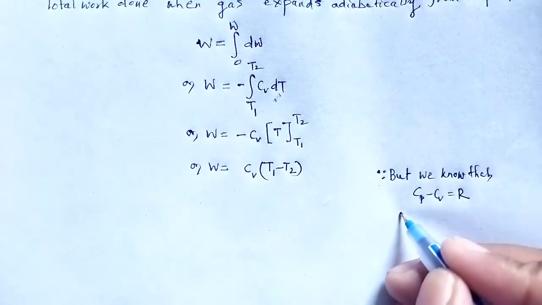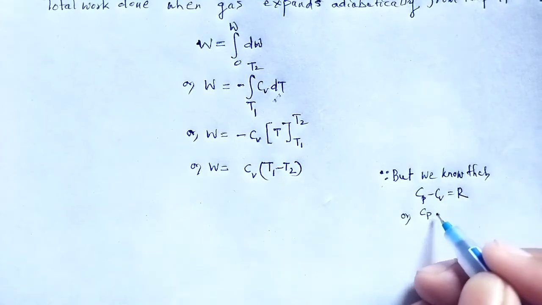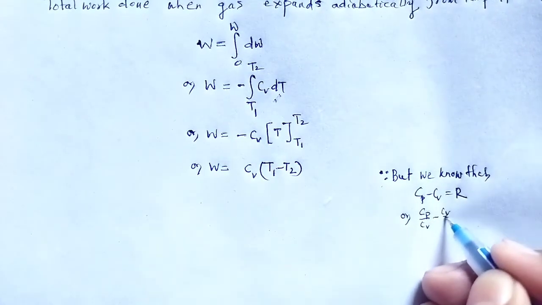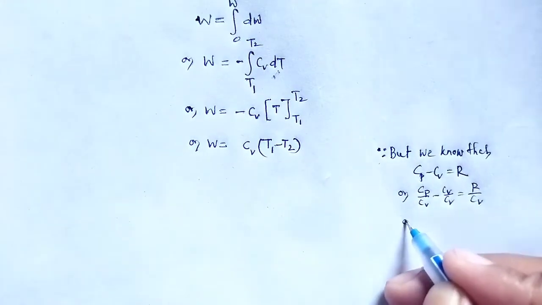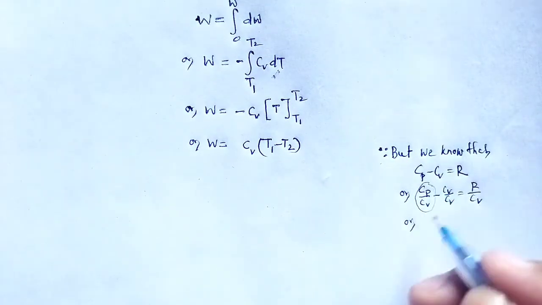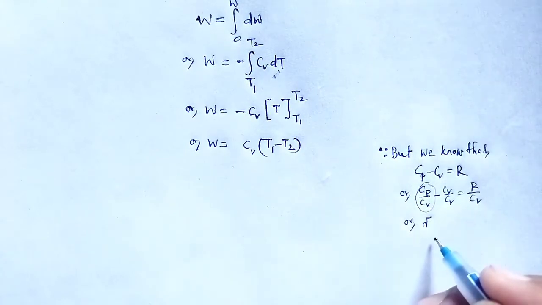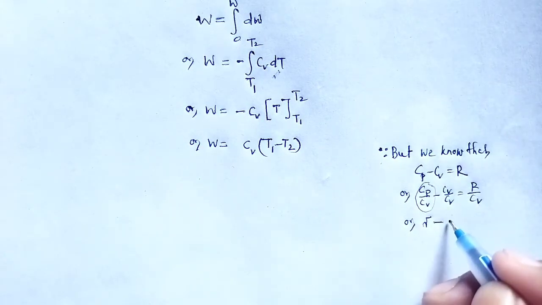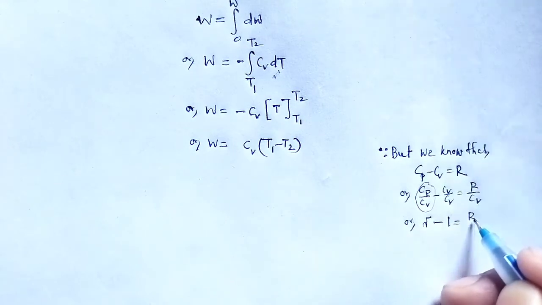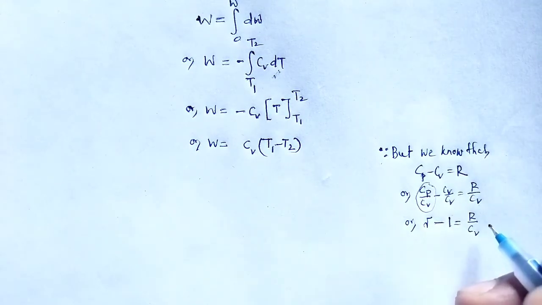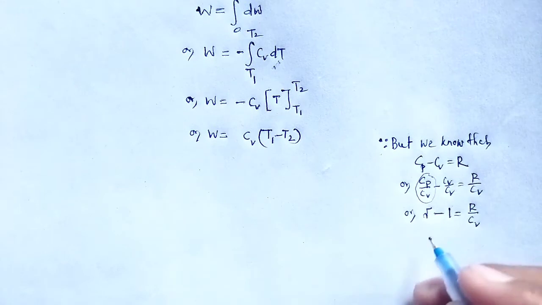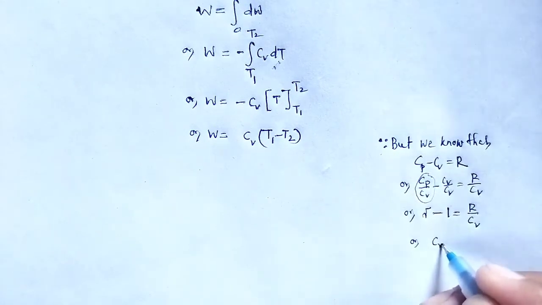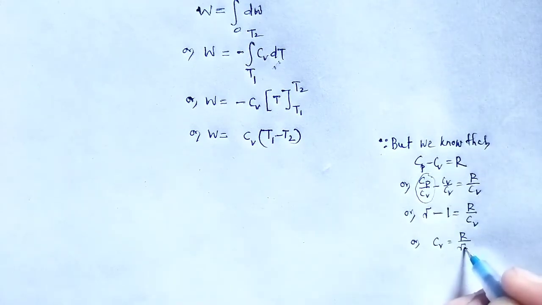Now, dividing by Cv on both sides, that is Cp by Cv minus Cv by Cv equals R by Cv. Cp by Cv is gamma, so gamma minus 1 is equal to R by Cv. Now, Cv is equal to R divided by gamma minus 1.